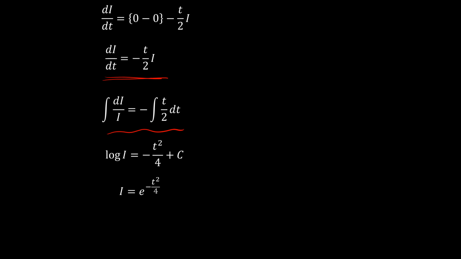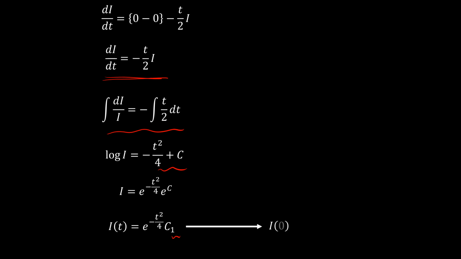Raising e to the power log I, e to the power whatever is on the right hand side, we have I is equal to e to the power negative t squared over 4 times e to the power c, which is the same as e to the power negative t squared over 4, and this e to the power c can be taken as a constant c1.